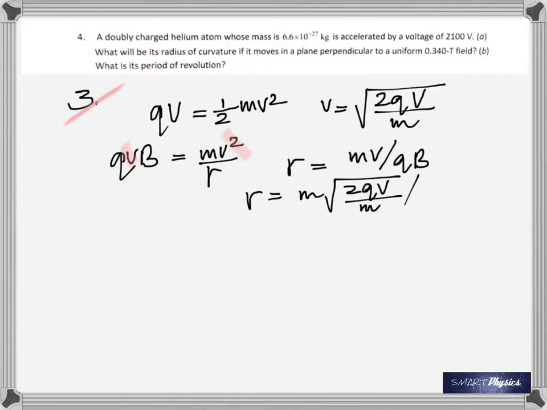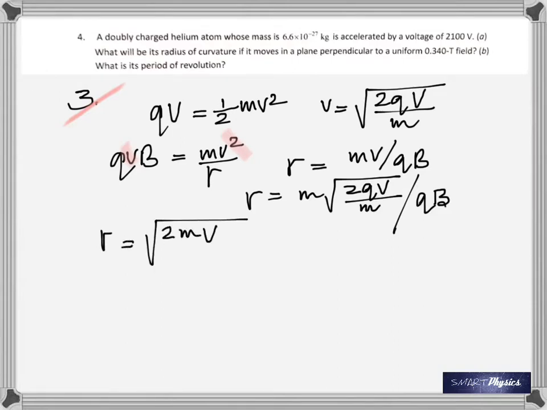Now what I did here is I just substituted this whole value of velocity in this place, okay? So that's why you see that there. And that is what I get if you look at it carefully.